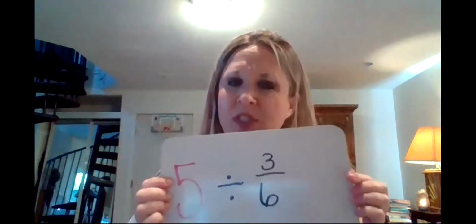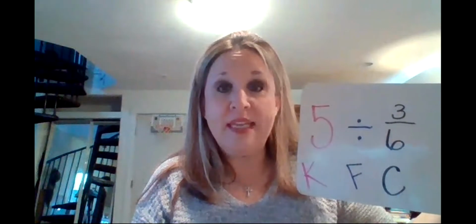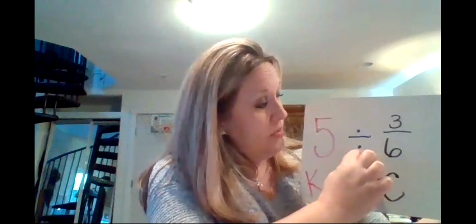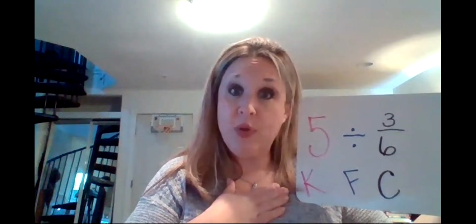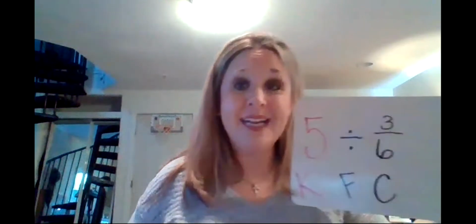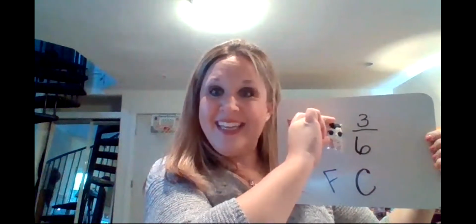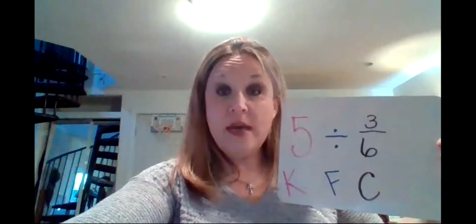Okay, so what do you mean? Well, let's see. Right now, which symbol is this equation asking you to solve? It's asking you to solve the division symbol, me, division. But if I flip the symbol, that means that I change it into multiplication. Okay, so this is how it works.